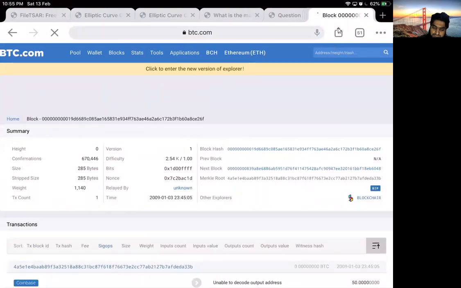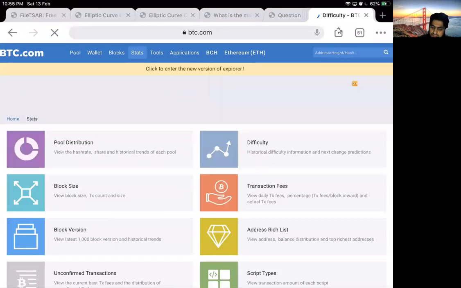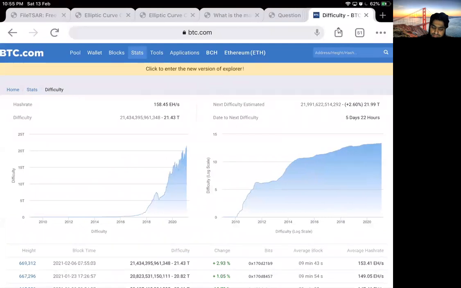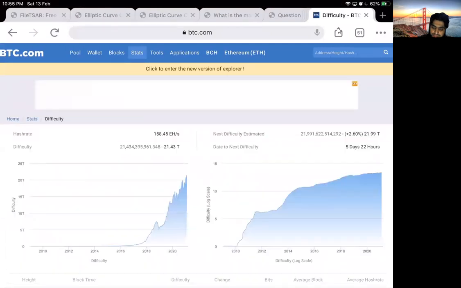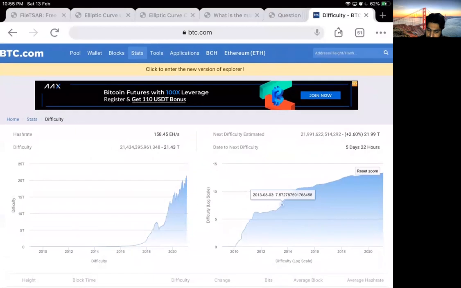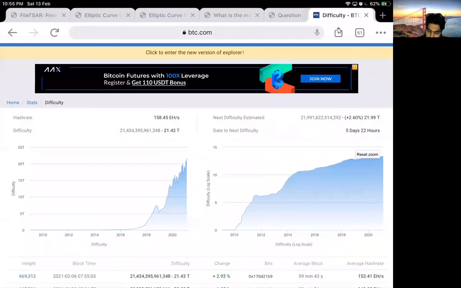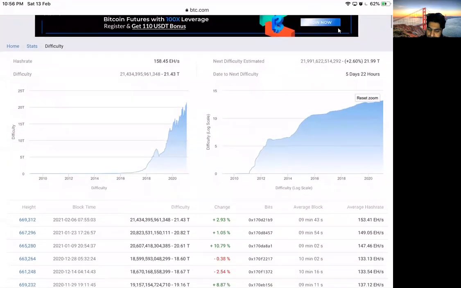If I go to stats, let's see what is there. I just want to have difficulty information. I want this log scale because I want to have it. You can see the value, it's going 0.4, but that is going 6.2.